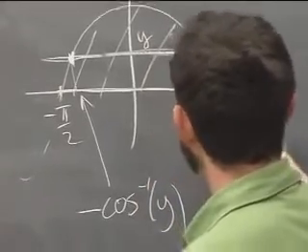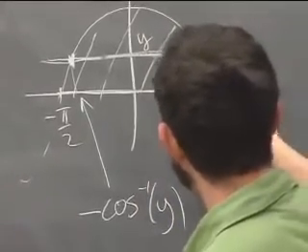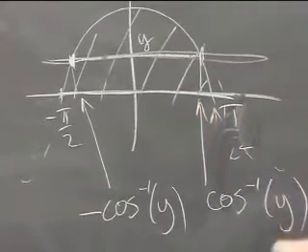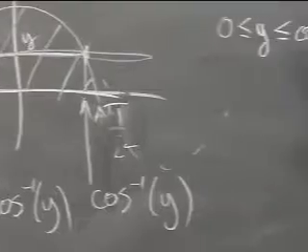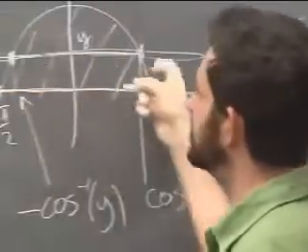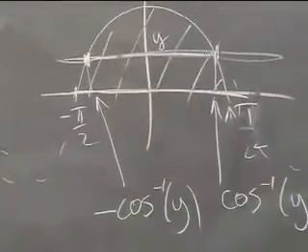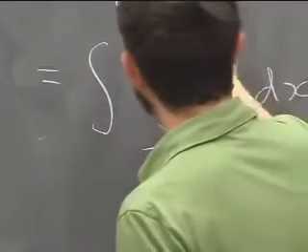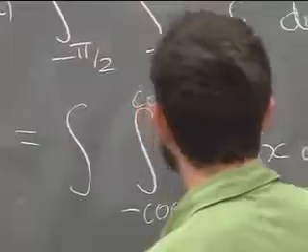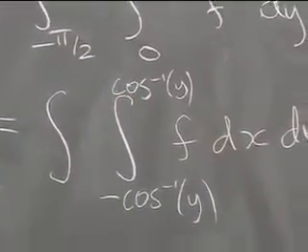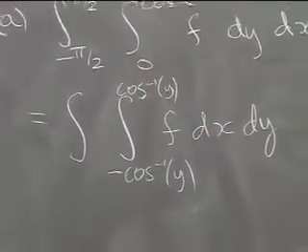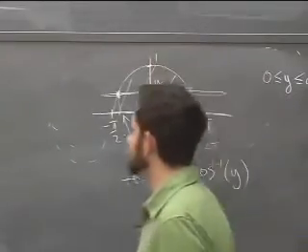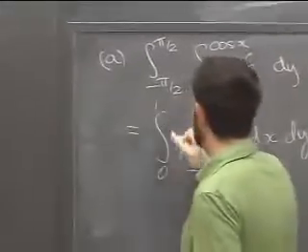And this x value here is just inverse cosine of y. So you know what y is. How do you find out what x is? There's actually 2 values of x, and that's where you go from. So this is going to be from negative cosine inverse of y up to cosine inverse of y. And then you just have to work out what's the total range. Well, here's 0, and the intercept is 1. So you're going from 0 to 1.